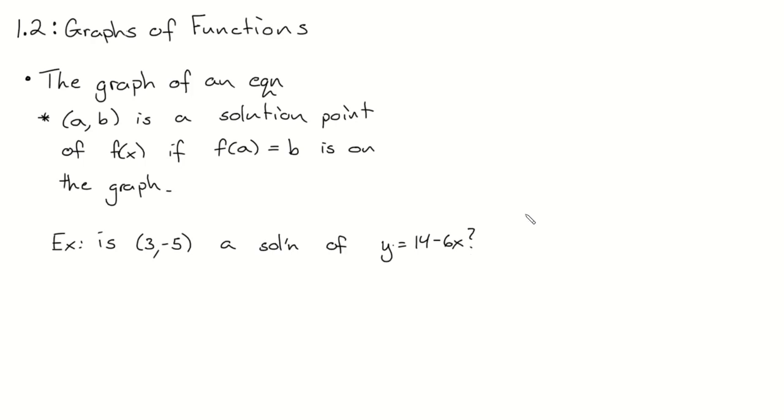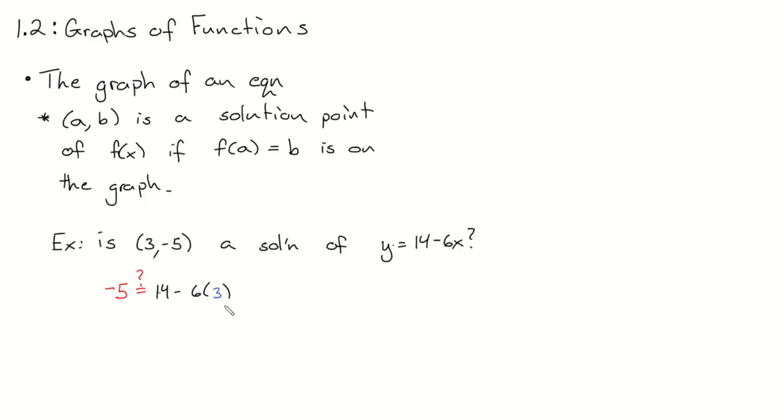In this equation, in this point, to check, what do you think we should plug in for y? Negative 5 is a y that we want to confirm. Let's check. Negative 5, I just want to know, is that really and truly equal to 14 minus 6 times, what do you think I should plug in for x? 3 is a good choice.